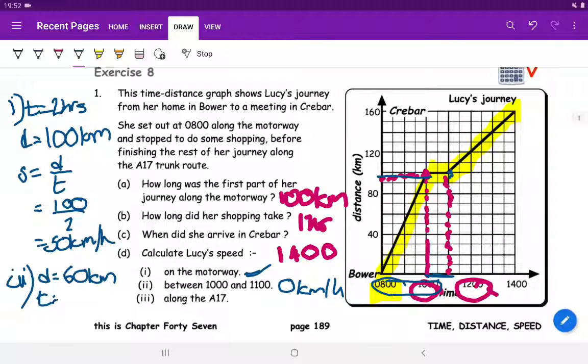Her time, she starts at 11 a.m. and she finishes at 2 p.m, so that's 3 hours, 11, 12, 1, 2. So her time is 3 hours. Speed is distance divided by time, 60 divided by 3. Her average speed is just 20 kilometres an hour. So that's how we would do that first one.